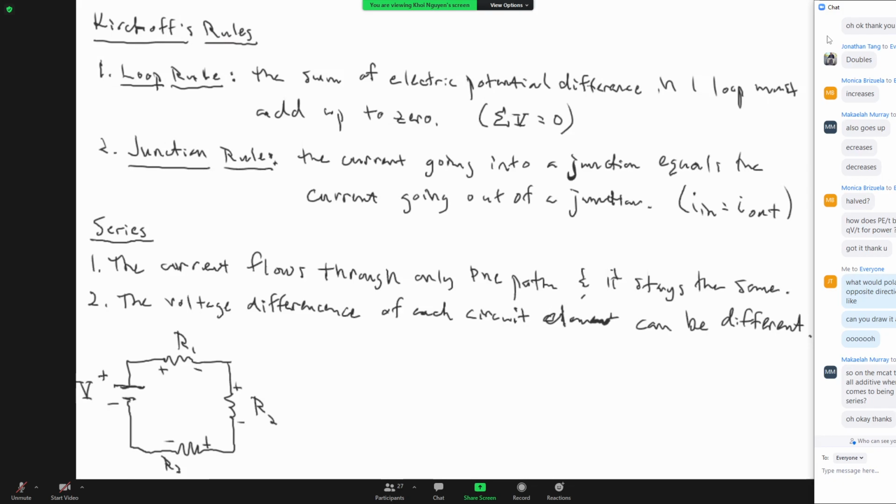So we know current goes out from the high potential or positive plate all the way to the negative plate. So V minus I R1 minus I R2 minus I R3 is equal to 0. Notice it's the same I because current stays the same in one loop. There's only one path for charges to flow. So therefore the charges stay the same. They don't become different currents flowing in different paths.